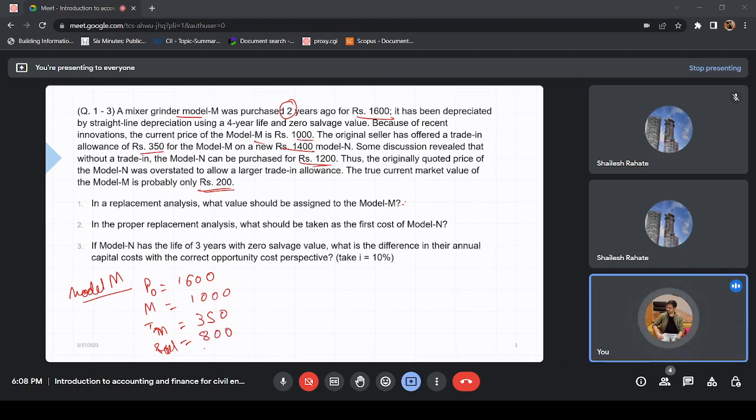And then you know that the market price right now is 200. So out of these five values, which one will you consider for replacement analysis? I will need your answer to move forward.